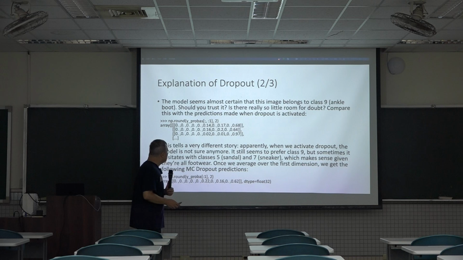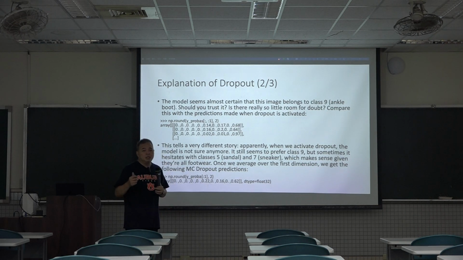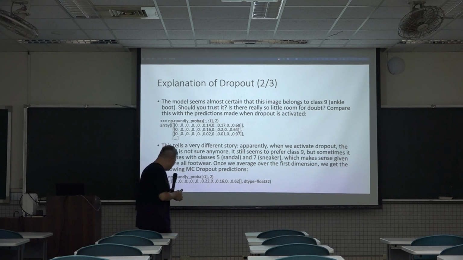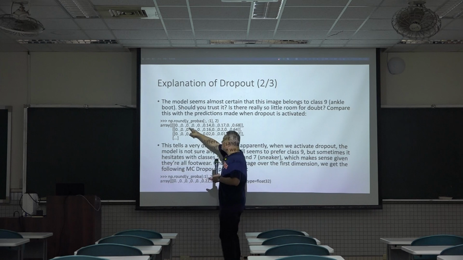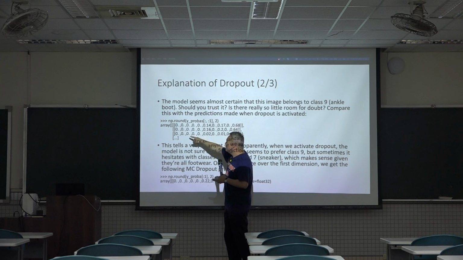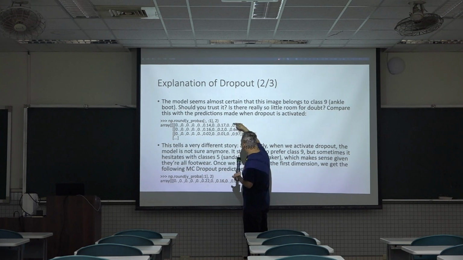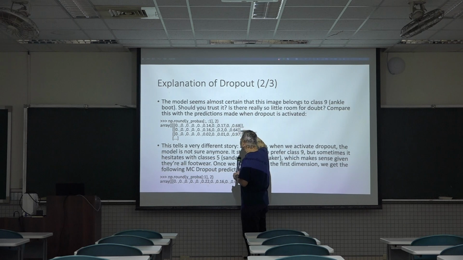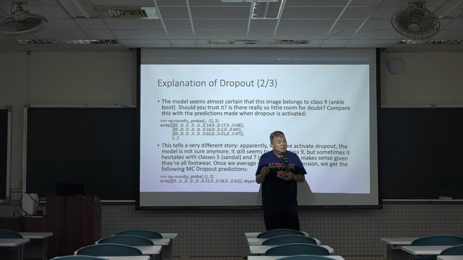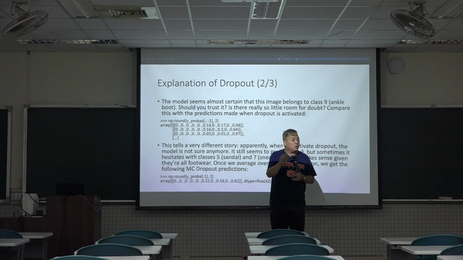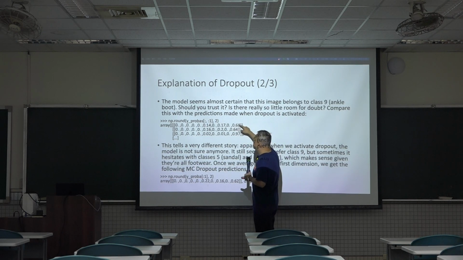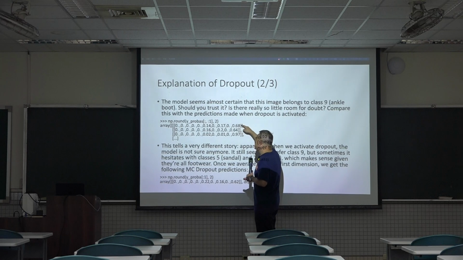But once you turn on the dropout and do the inference using the same model, this is the probability it gives for every class. Of course the last class, the ankle boot, still has the highest probability, but it's not so certain anymore. Originally it's 99%, now it's much lower.